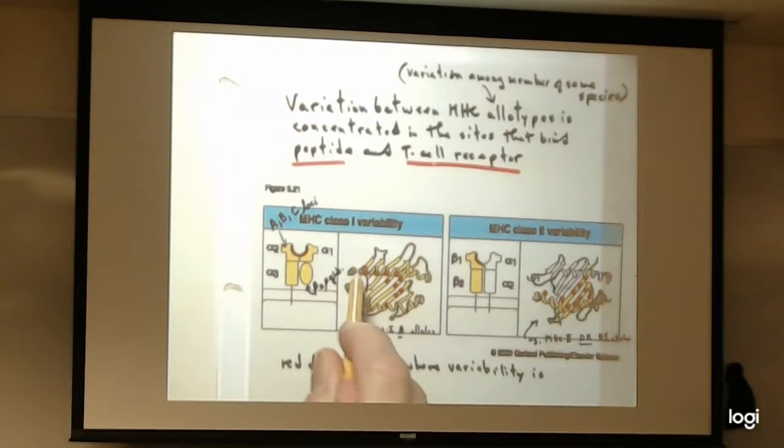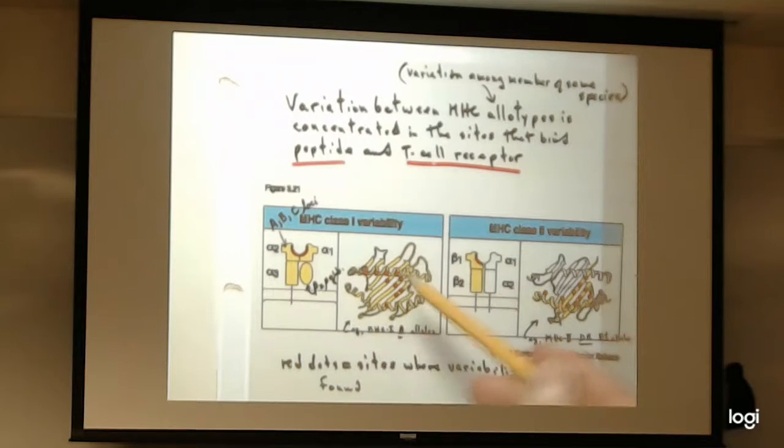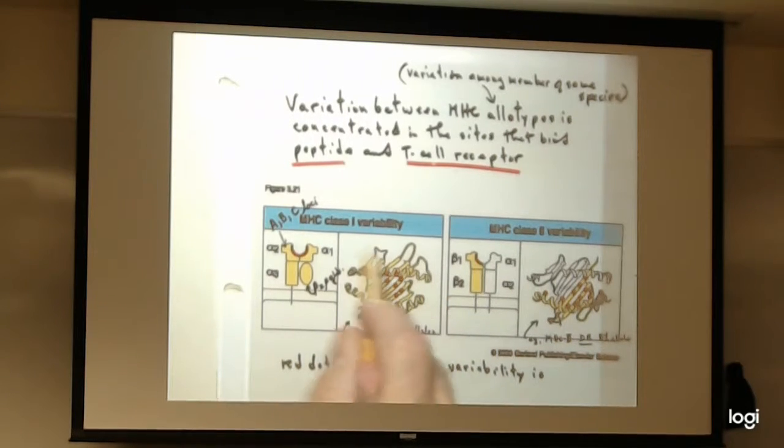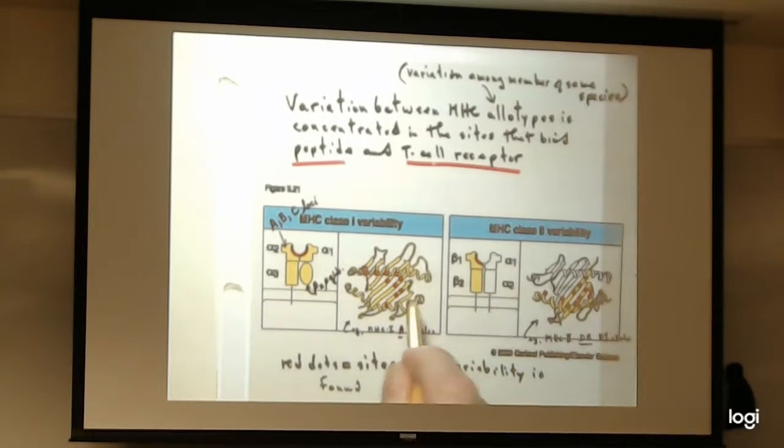Here are red dots that represent where the different amino acids are found in the different kinds of alleles. One allele, we've got this guy here. Another allele, we've got this guy. Even some alleles, we've got two different ones here. But they're all clustered in the little mountains and in the platform valley, just where you're binding.